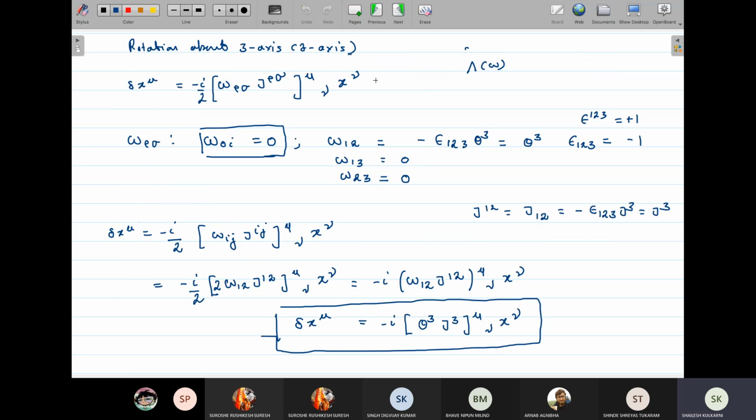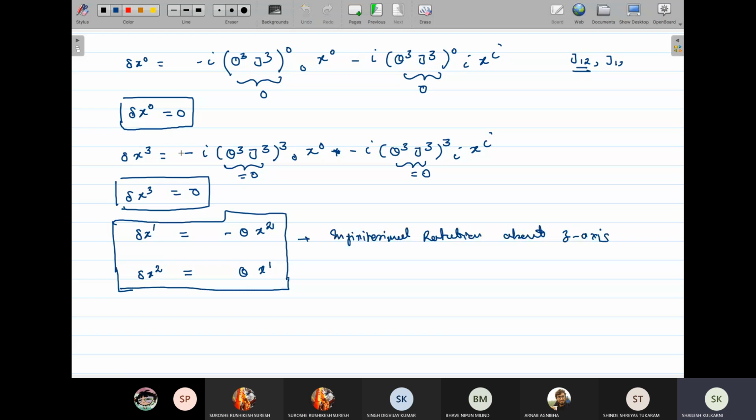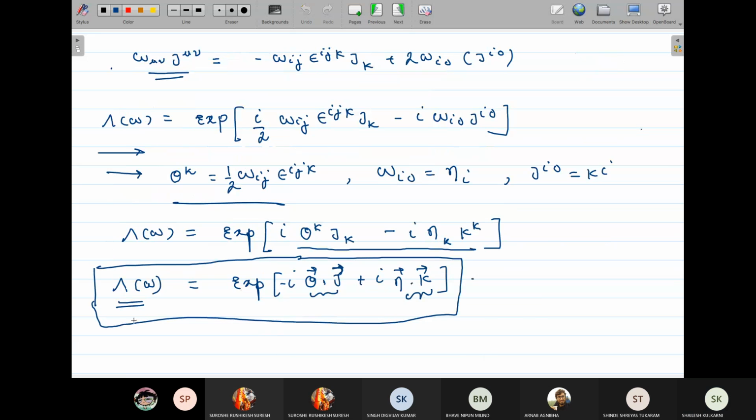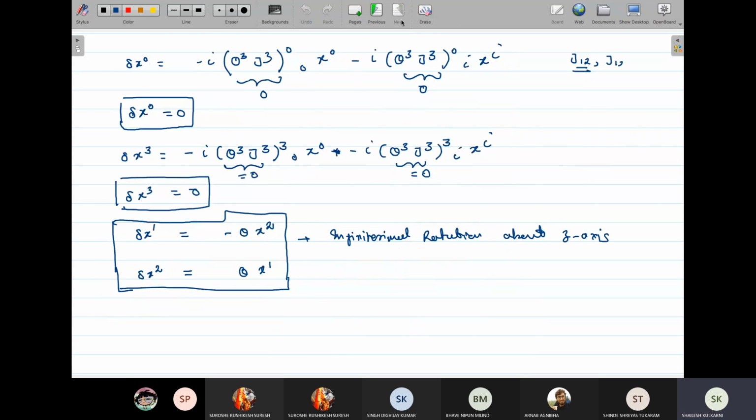And now you know what these transformations are. You can just construct this finite Lorentz transformation. In this case, our finite Lorentz transformation Lambda(omega) is such that all the omegas are 0 except omega_12, and that is equal to theta_3.